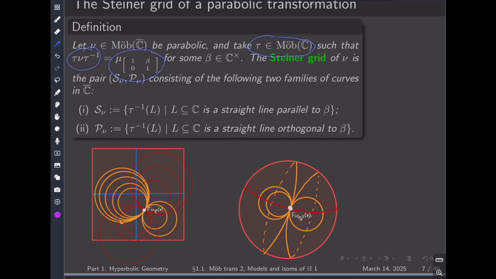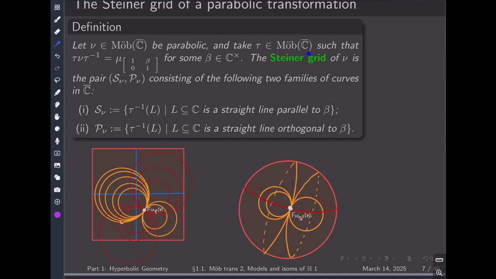And here it is. You asked yesterday at some point when I said they are conjugate, and he asked, okay, but in Möb, right? And yes, it's very important that it's in Möb, because then we know that the conjugating transformation sends circles to circles, disks to disks, and being a Möbius transformation is conformal, so there's nothing to worry about.